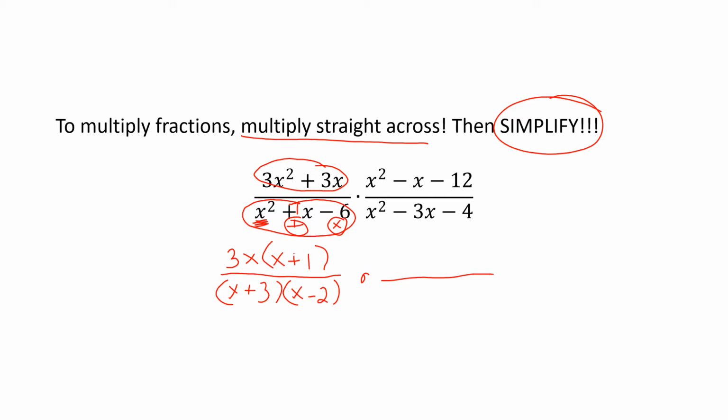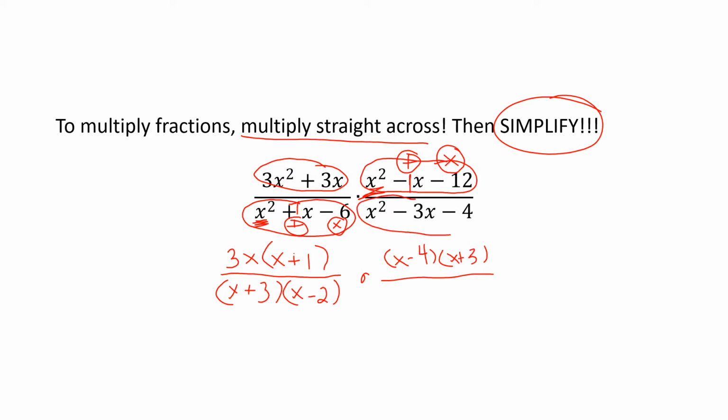I'm going to factor the top and the bottom. On the top, I have 3 terms. I know that I need an x times an x to get that x squared, but I'm asking myself here, what multiplies to negative 12 and adds up to negative 1 in the middle? That would be negative 4 and positive 3.